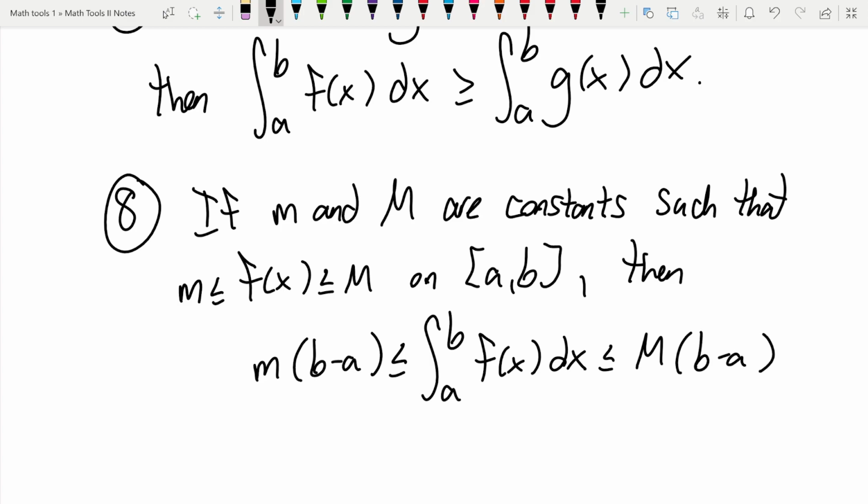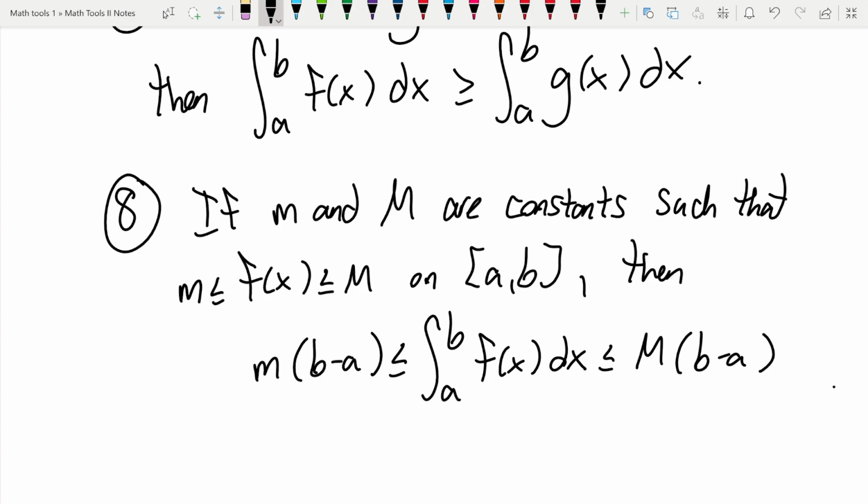This should make sense if you think about the definition of the integral. M would be the maximum height of one of the rectangles, and b minus a would be the maximum width. So this gives you an upper limit, the maximum height times the maximum width. And this is the lower limit, the still maximum width but the minimum height.